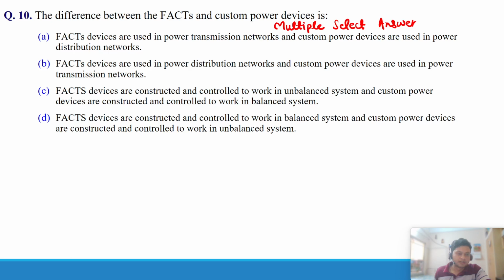And the last option is FACTS devices are constructed and controlled to work in a balanced system, while the custom power devices are constructed and controlled to work in an unbalanced system. So it is capital, it is not small. So what will be the correct answer for this problem?